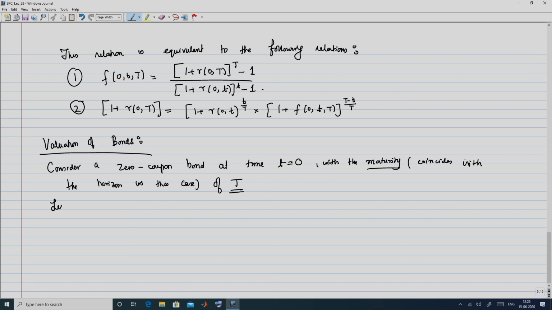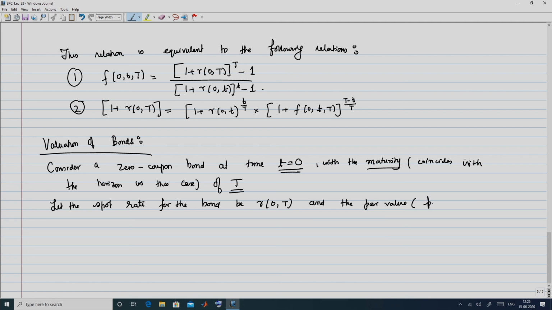Now, let the spot rate for the bond, and remember the bond is from t equal to 0 to capital T, be r(0, T), and the par value, and remember what is the par value?